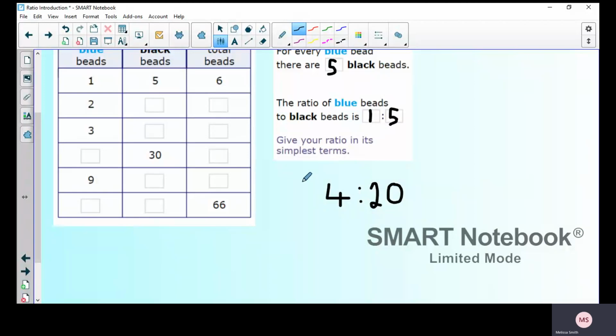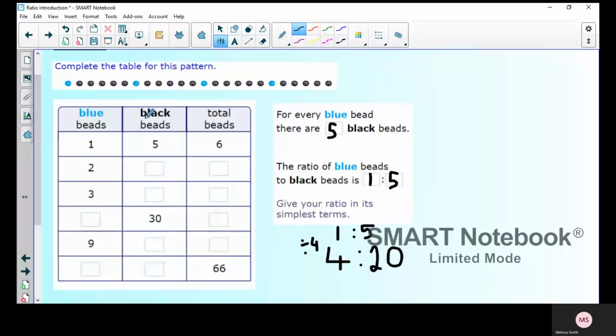So what common factor could we use? We'd use 4. 4 divided by 4 is 1. 20 divided by 4 is 5. If you have a question which says give your ratio in its simplest terms, you must scale your ratio down.